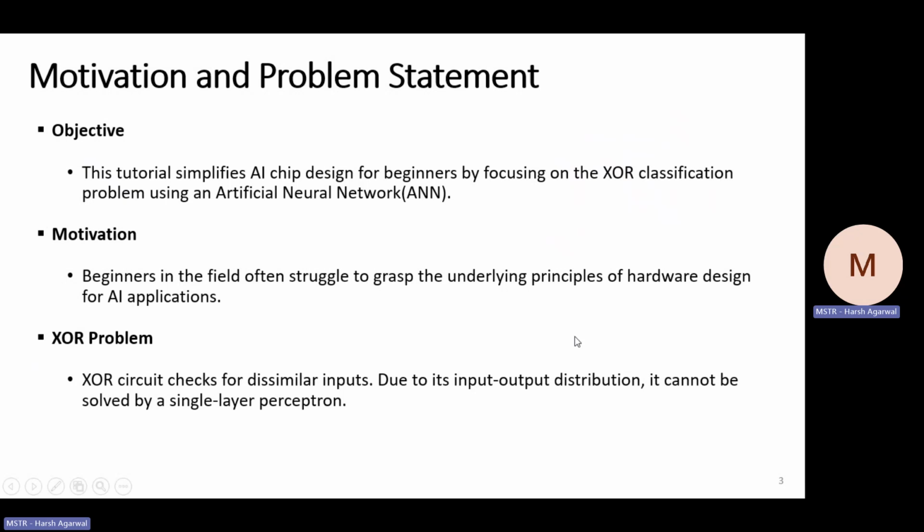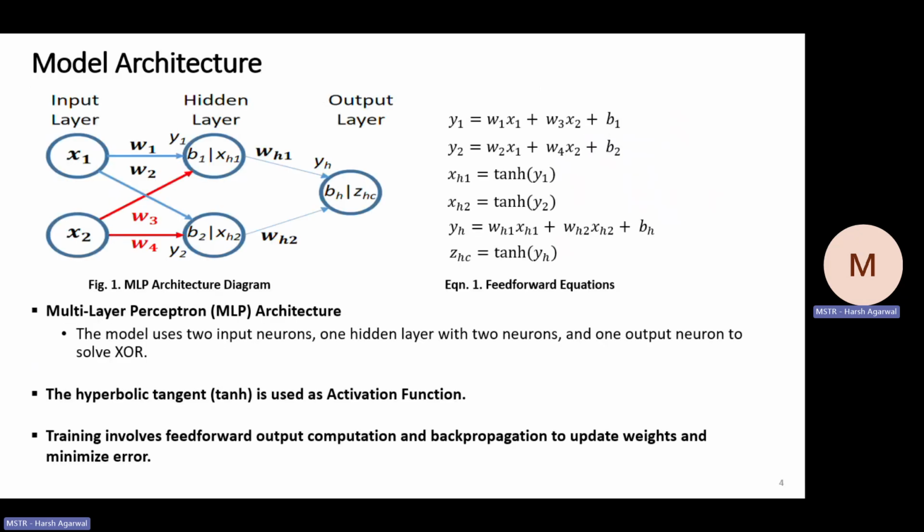Moving on to the next slide, I'll talk about the model architecture now. If you see the first diagram, which is the MLP architectural diagram, it consists of two input neurons, shown by X1 and X2. Then there's one hidden layer with two neurons, and then there's an output layer which solves the problem.